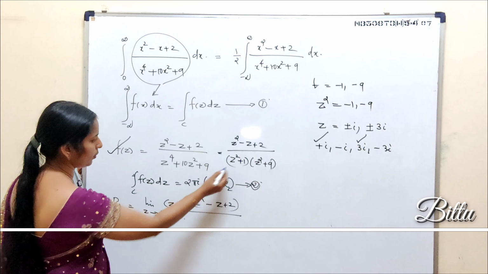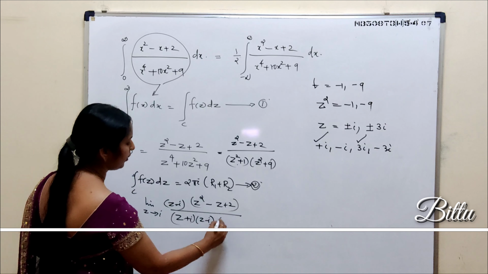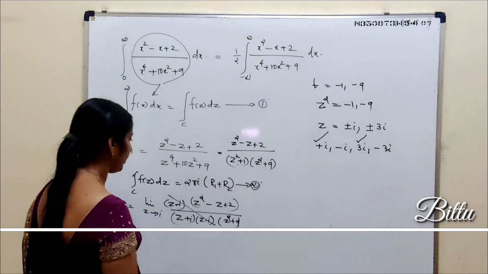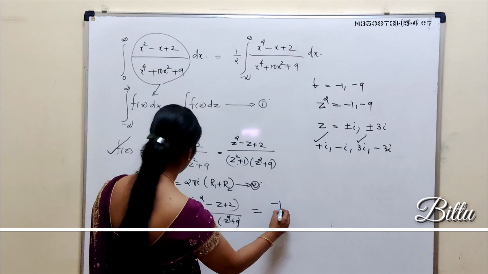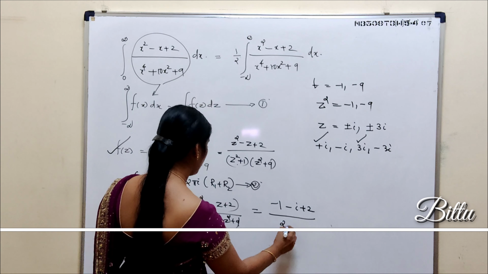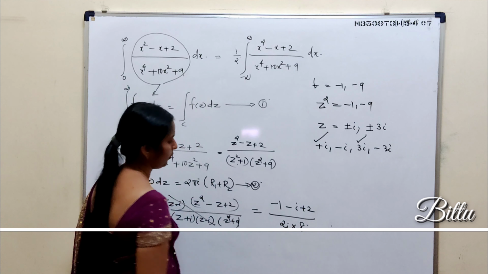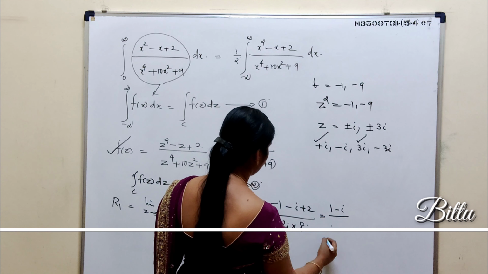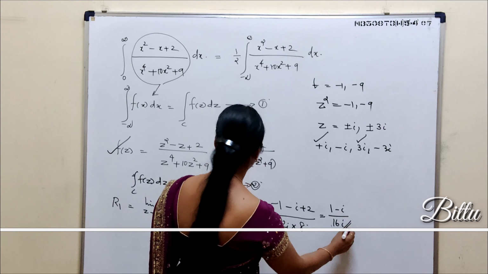So for removing this, you again factorize this one, (z plus i) into (z minus i) into (z squared plus 9). It will cancel each other, and you can see this. You put z equal to i, i squared is minus 1, minus i plus 2 by 2i into 8. That is 1 minus i by 16i. This is R1.